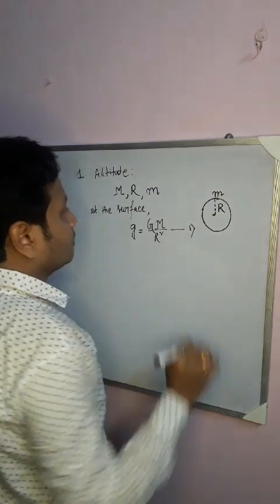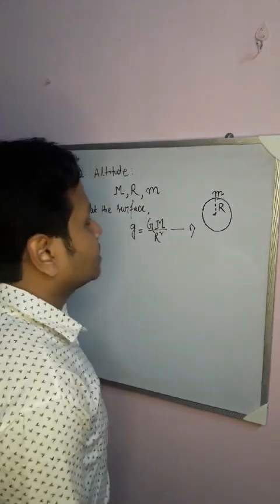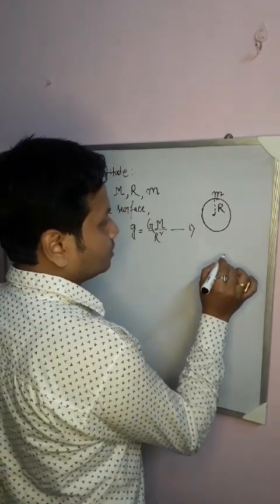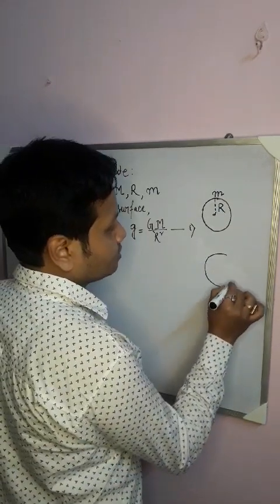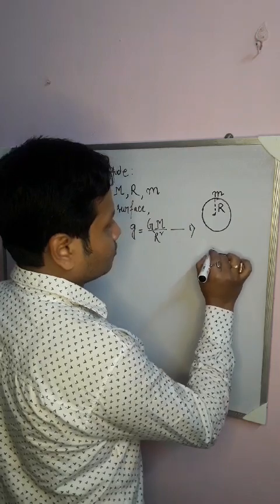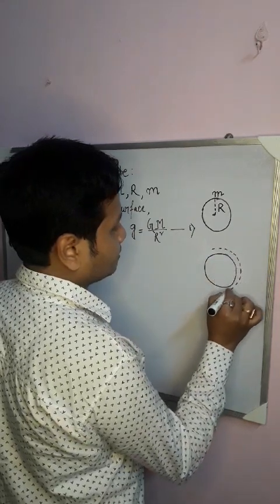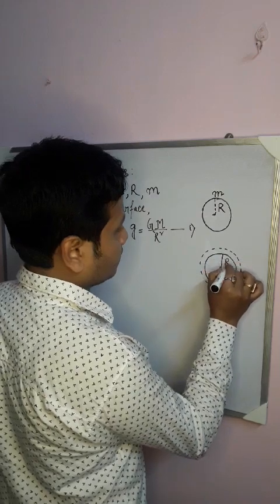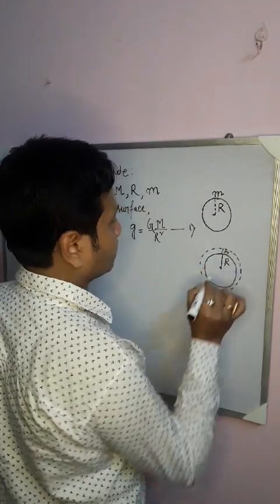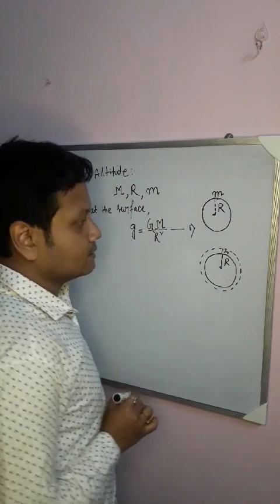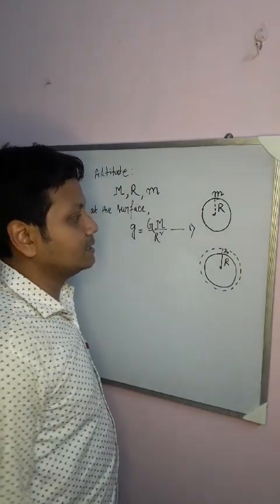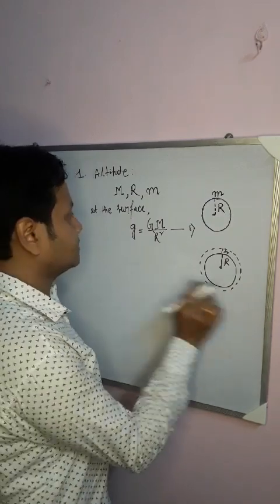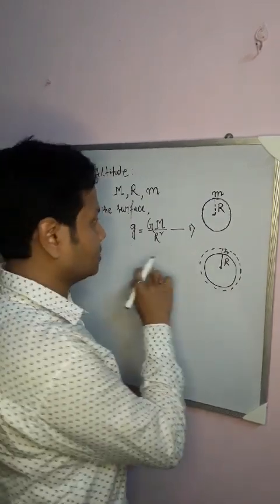Now let us assume that instead of the surface the object is located at a height h. So this is R and this is the height h. In this case the object lies at a height h from Earth's surface, so g will change.